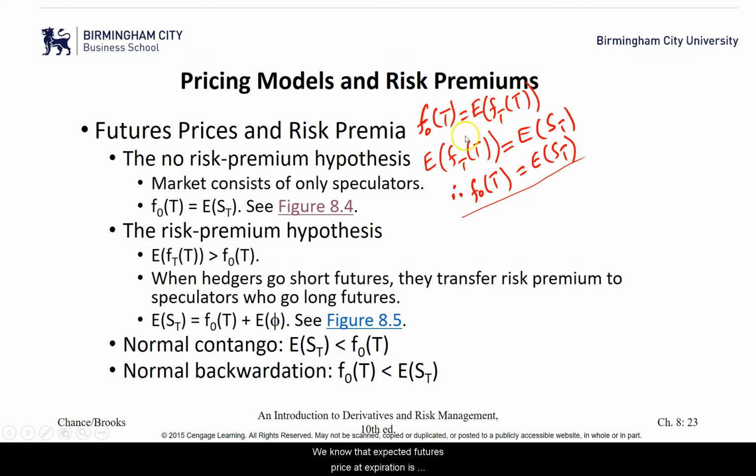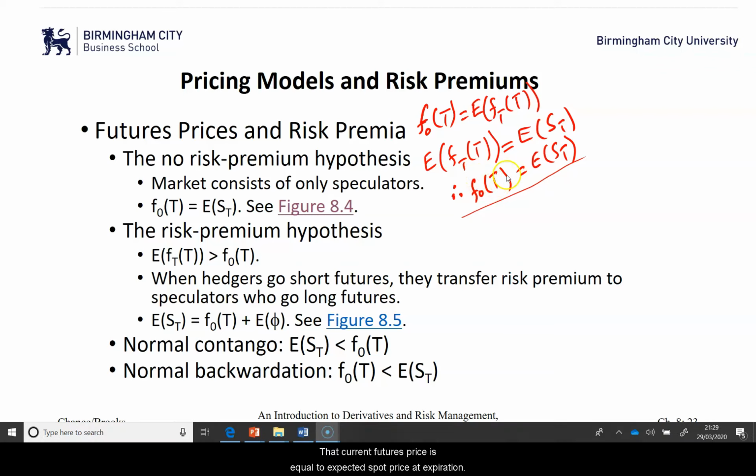Now, we know that expected future price at expiration is equal to expected spot price at expiration, and we can therefore deduce that current future price is equal to expected spot price at expiration.